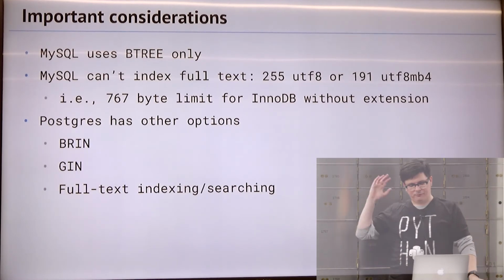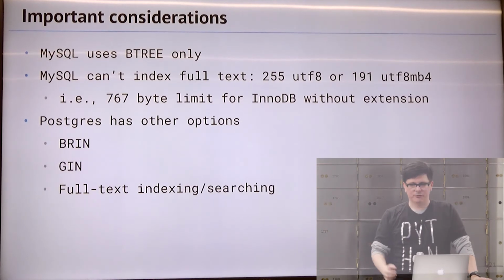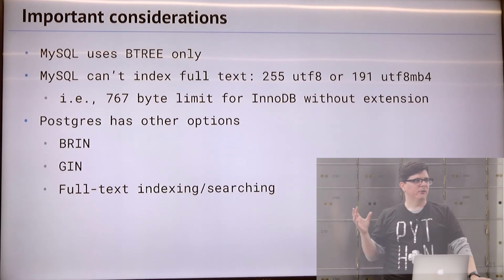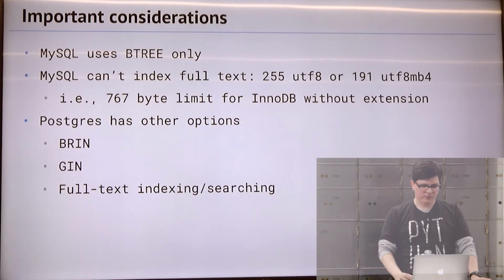If you're using actual full UTF-8, that's a 191 limit. So sometimes, if you're indexing a really long text column, you have to decide what's going to be most efficient. Like, I'll index the first 100 characters or the first 120, or whatever makes sense for your needs.